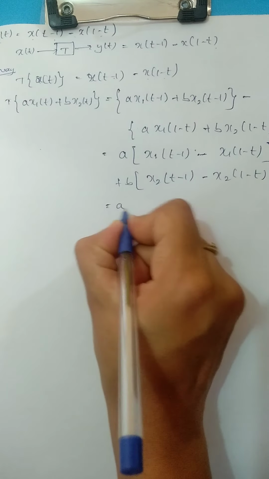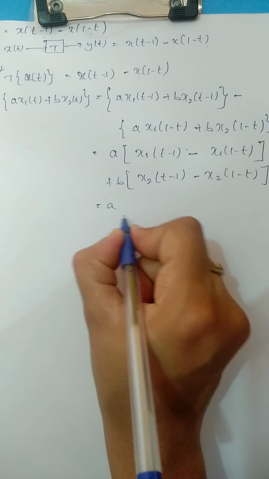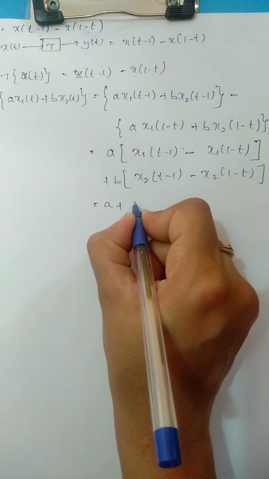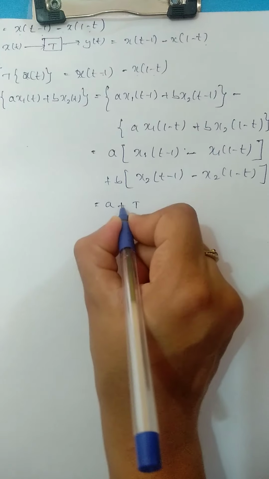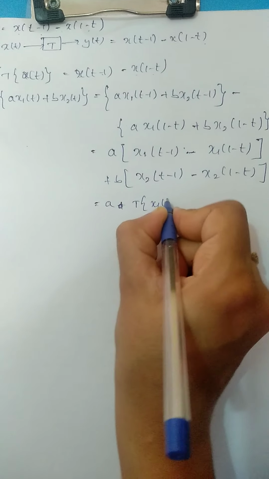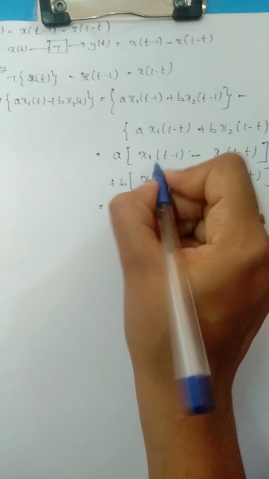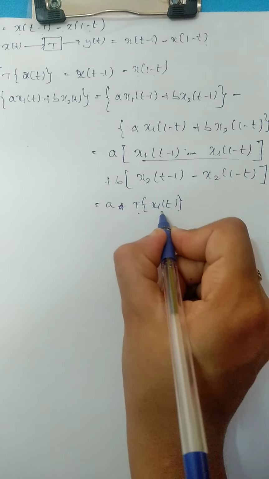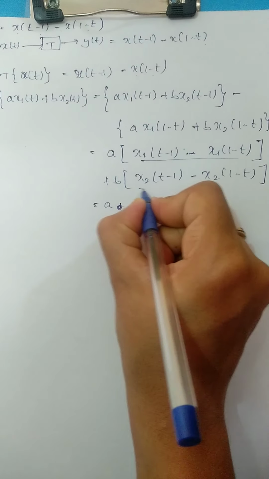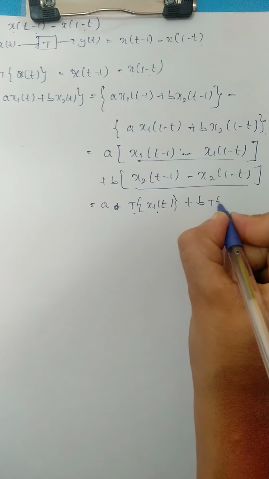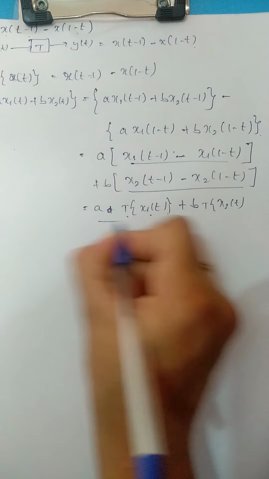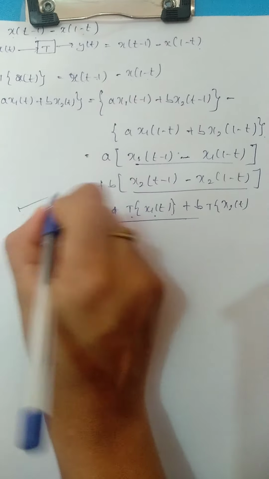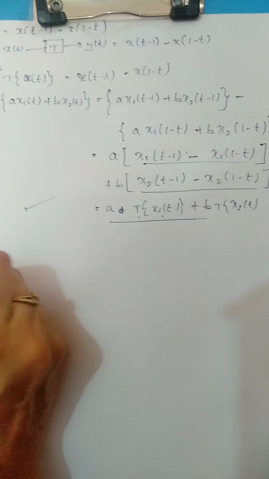So this whole thing can be written as a into T of x1 of t plus b into T of x2 of t. So this equation is satisfied. So the system is a linear system.